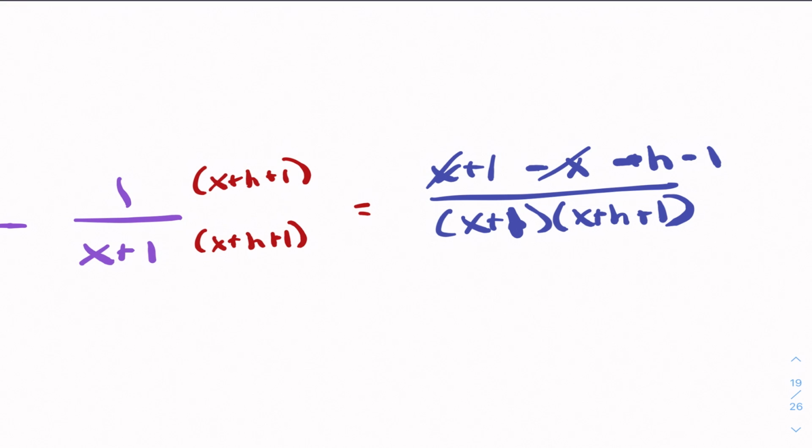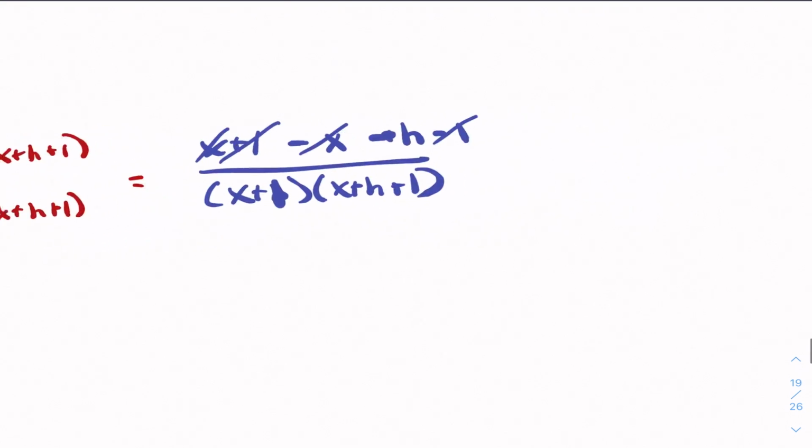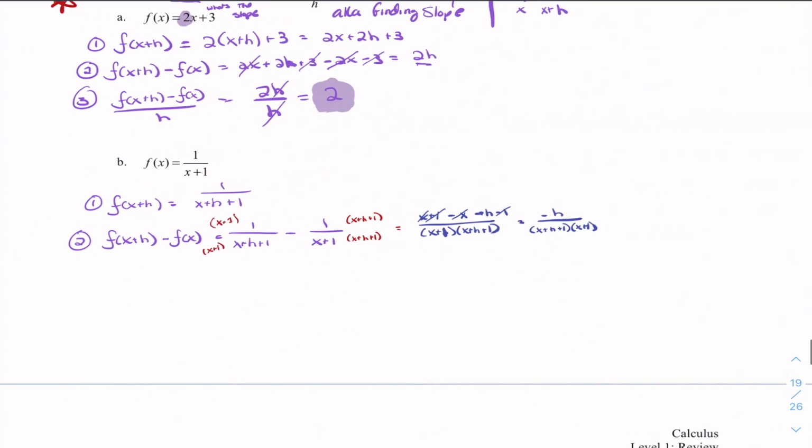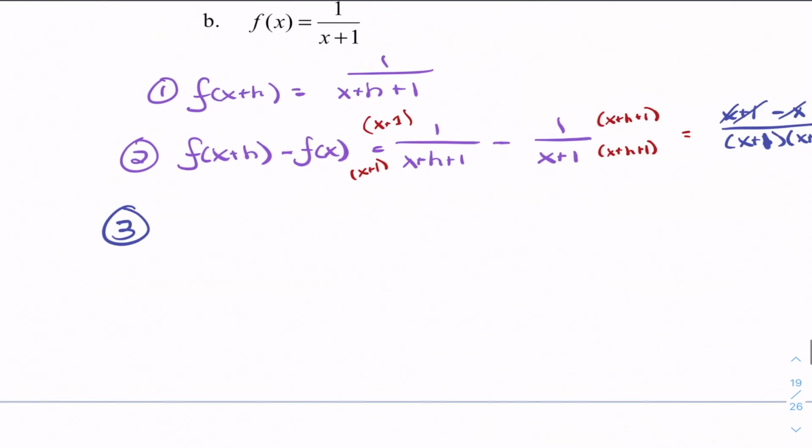The x's go away, the 1's go away, and I'm left with negative h over (x plus h plus 1)(x plus 1).